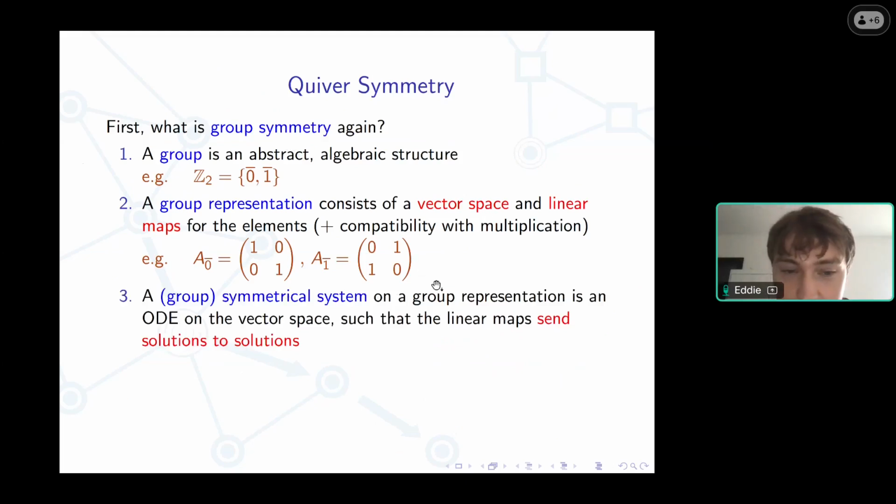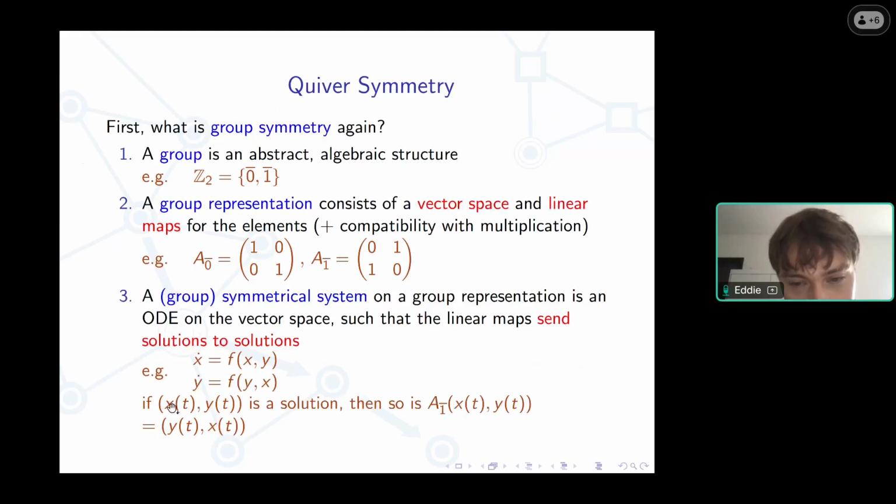If I look at this ODE, again motivated by my network system, you can think of this as a network system. If (x, y) is any solution, then so is this thing where I swap the entries. That is in a nutshell what group symmetry comes down to.